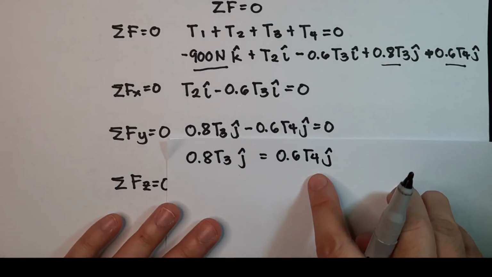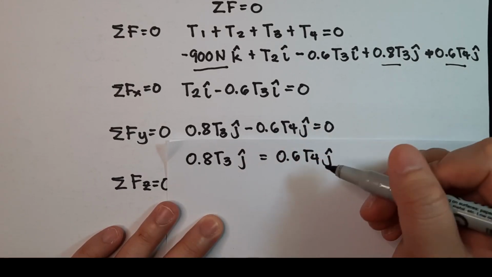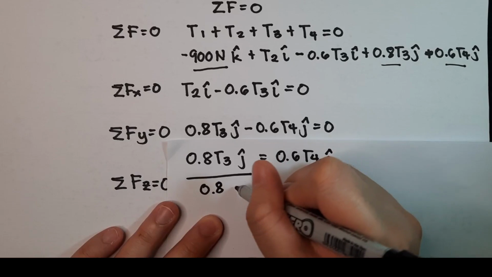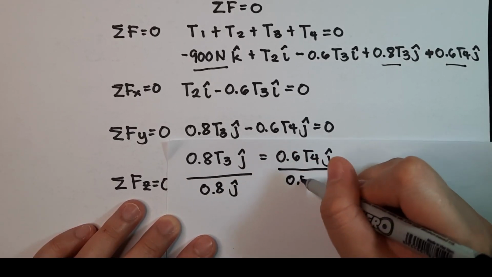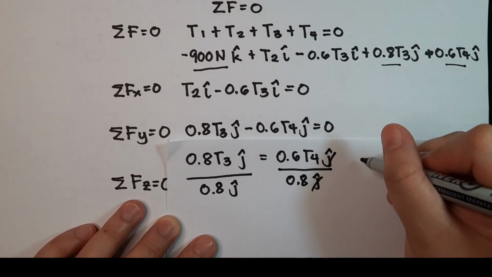Since we know T4, let's solve T3. Divide both sides by 0.8 j hat, so the j hat cancels.